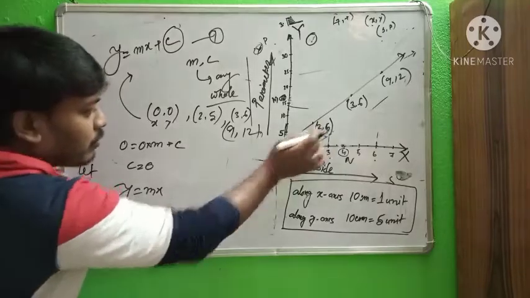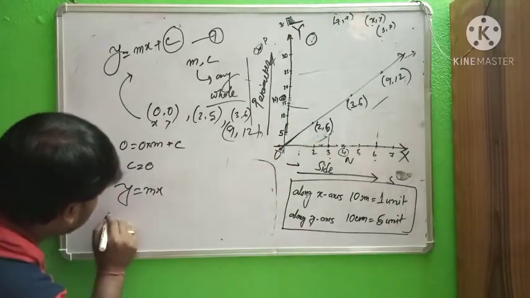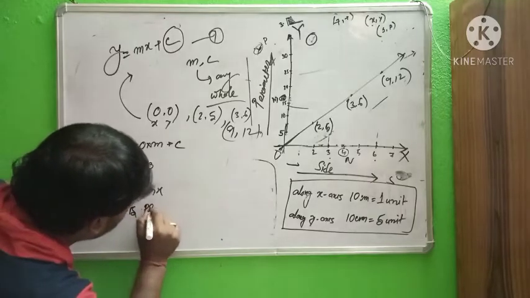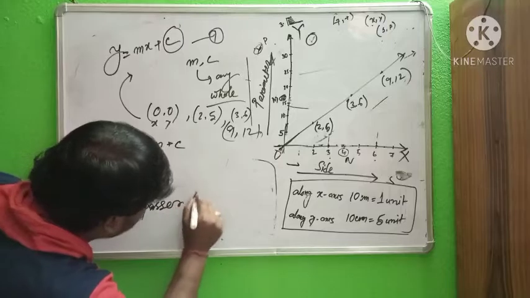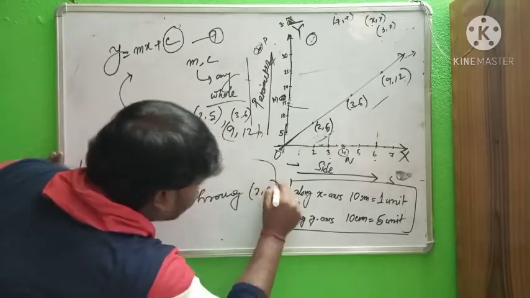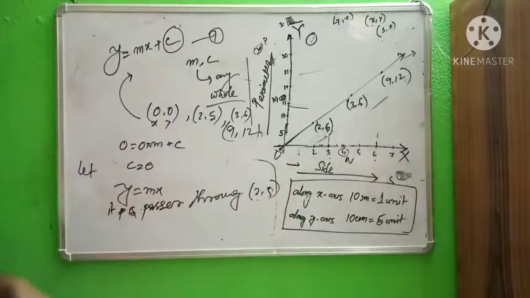Since it passes through 2 comma 5, the value of x is 2 and the value of y is 5.